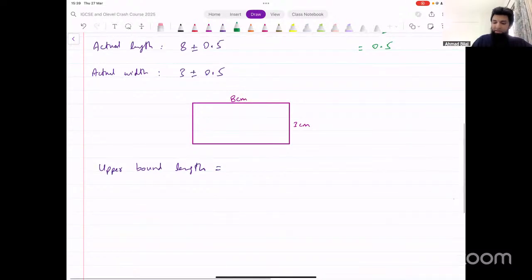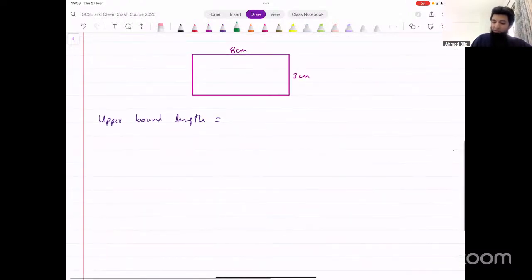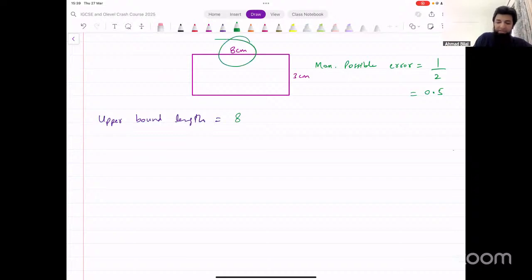You would say it's being measured correct to 1 centimeter. So you would find the possible error in this, first of all, the maximum possible error that you can have. That's going to be 1 over 2 in this case. That's 0.5. The maximum possible error is 0.5 in this case. That means the upper bound for this length, the maximum possible value of length, could be 8 plus 0.5, which is 8.5.